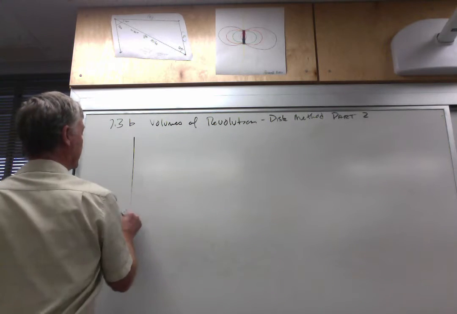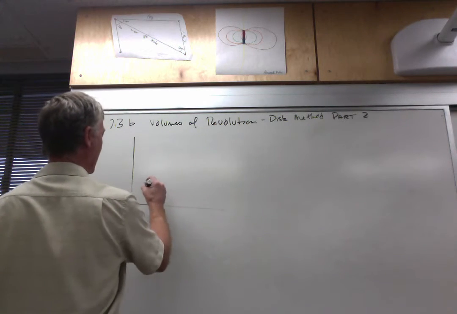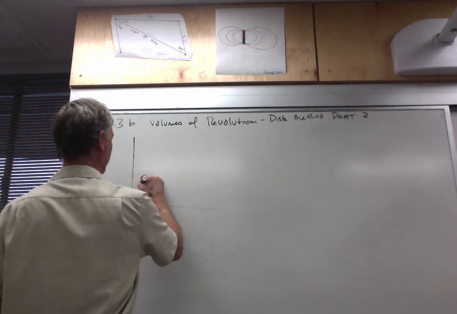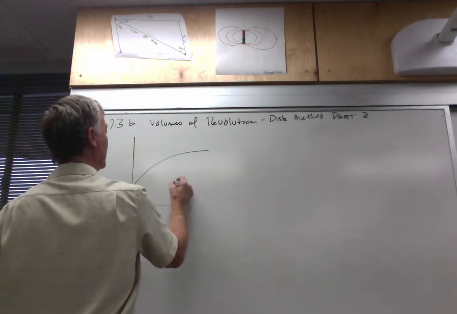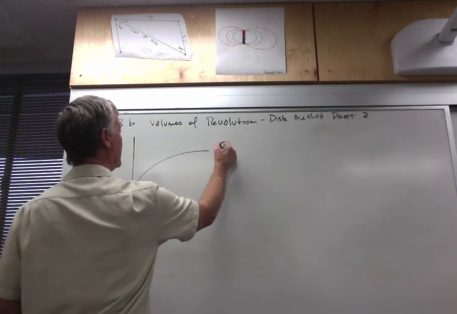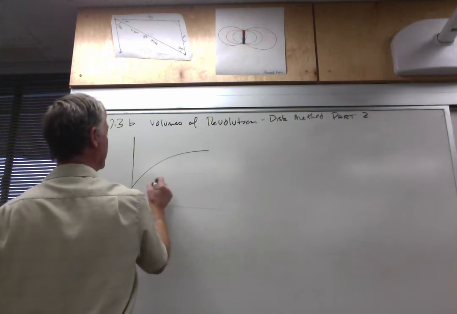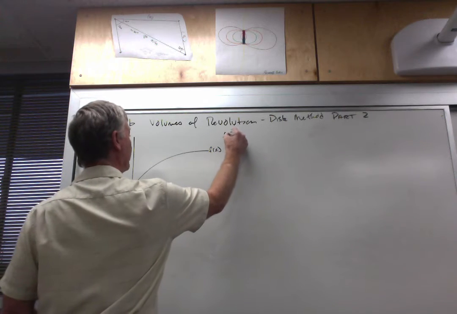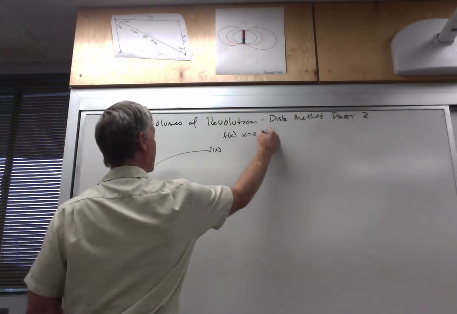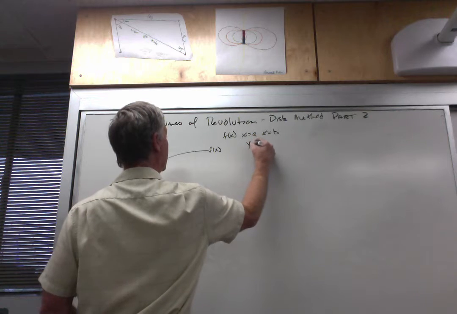So for instance, let's say I told you that I have this curve. Again, I'm going to do this conceptually. We're going to do the area between f of x, x equals a, x equals b, and y equals c.